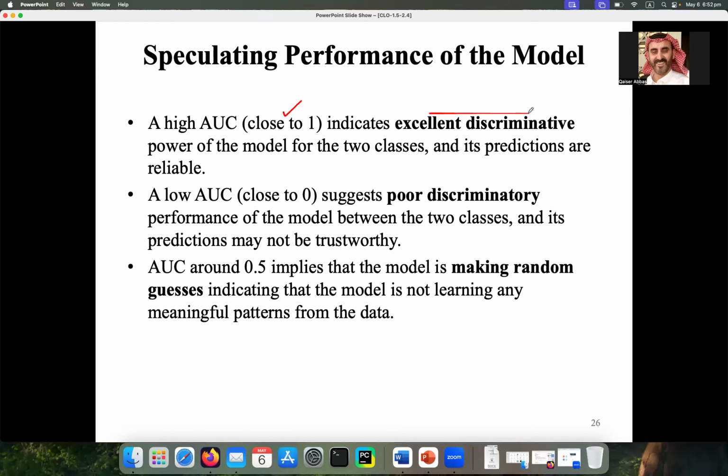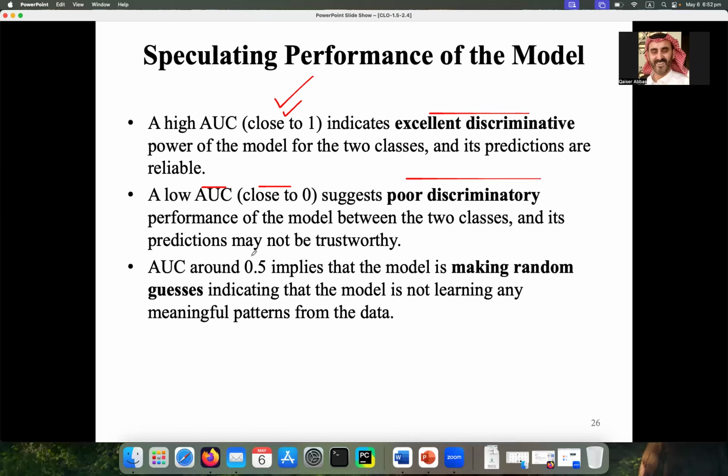Your model is excellent in separating the two classes, or differentiating these two classes. And if your auc value is close to 0, this is the opposite. It means poor discriminatory behavior of your model.